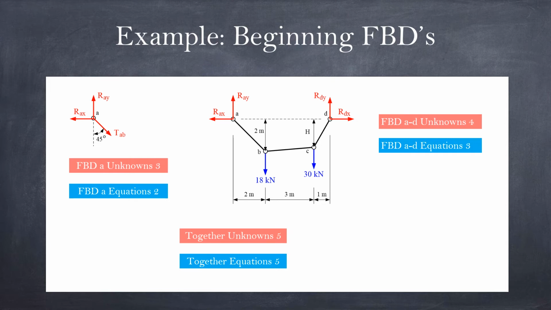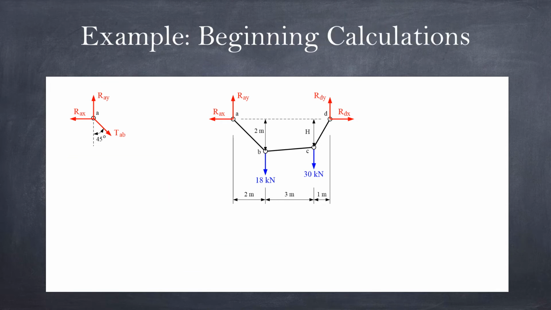Okay, so we will begin to use that method then. Here are the 2 free body diagrams together. I will start from the right-hand side first, because there's some hope that we can solve something. I will start by taking moment at point D, which in this case lets me find RAY straight away.